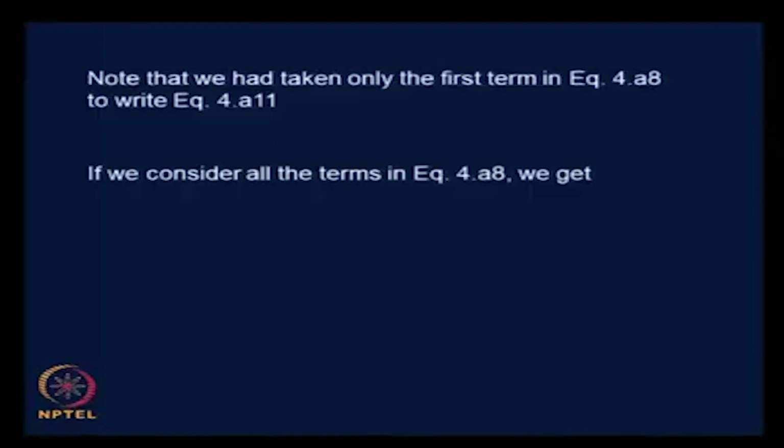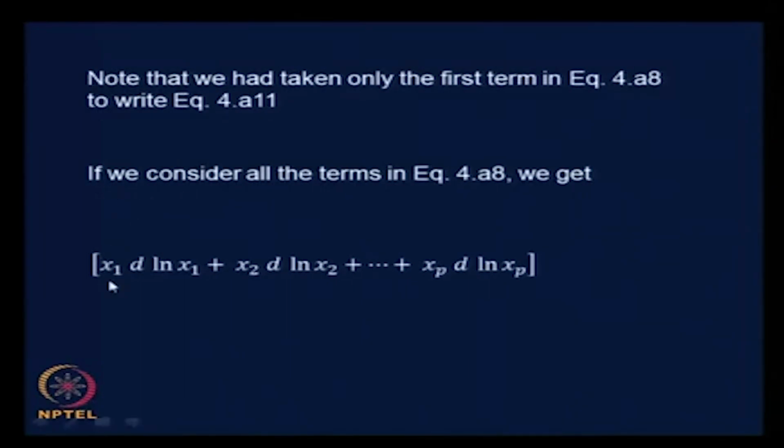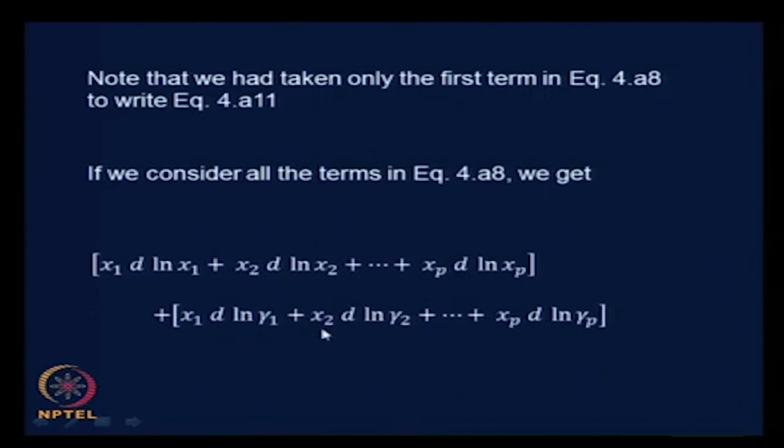In other words, the first term is going to be x1 d ln x1 plus x2 d ln x2 and so on plus xp d ln xp. This can all be combined together, plus x1 d ln gamma 1 plus x2 d ln gamma 2 and so on plus xp d ln gamma p.